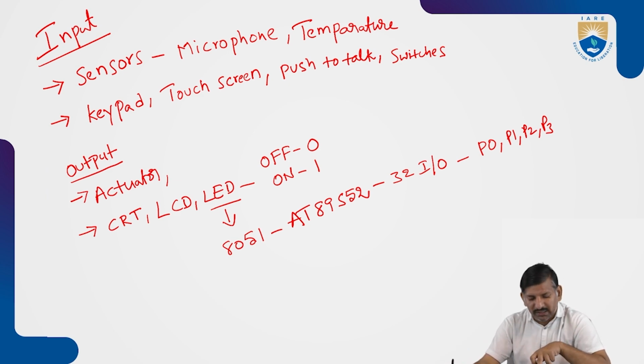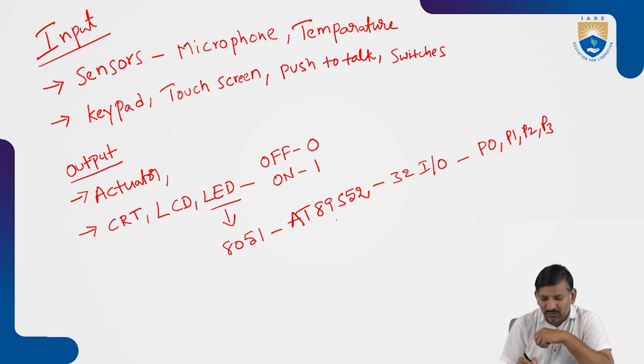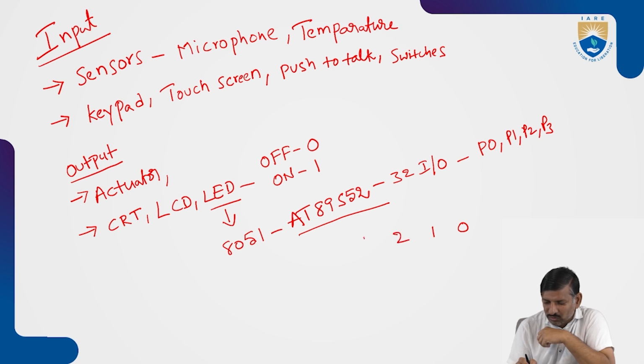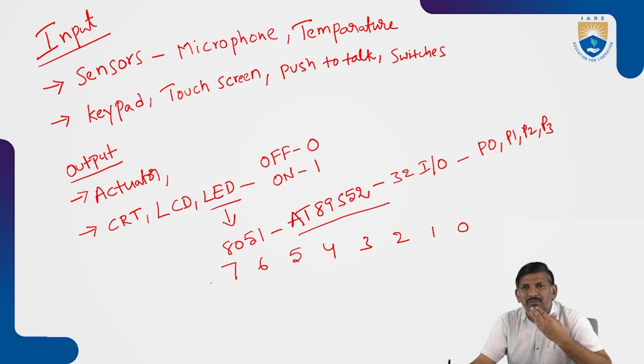So I am taking this 89S52 development board. In that, it contains 8 LEDs: 0, 1, 2, 3, 4, 5, 6, 7. Total 8 LEDs. I want to blink a particular LED.